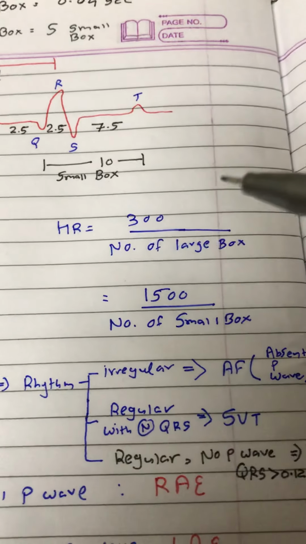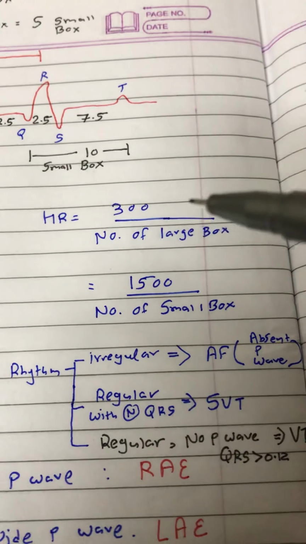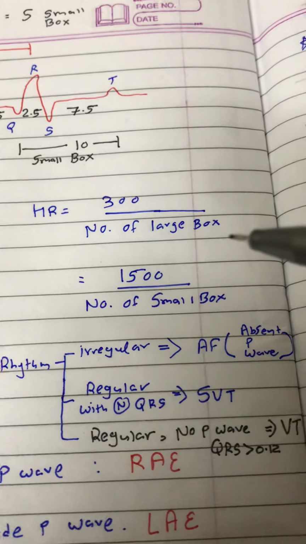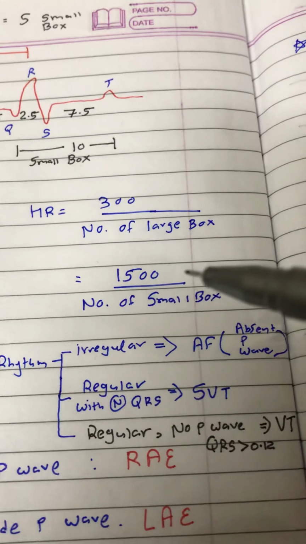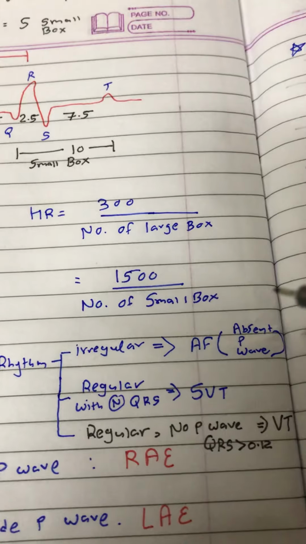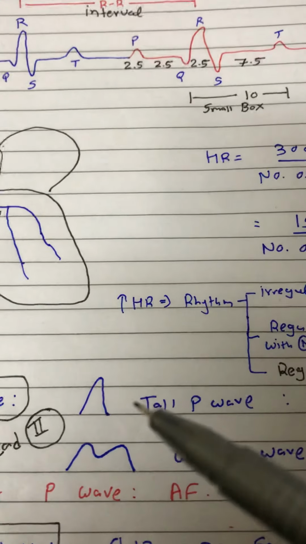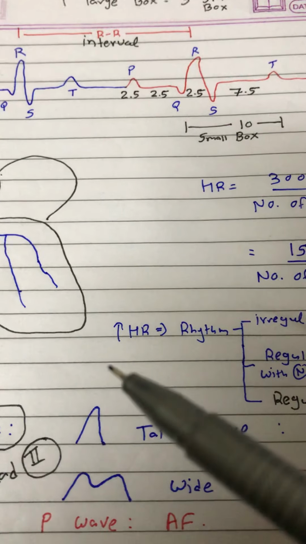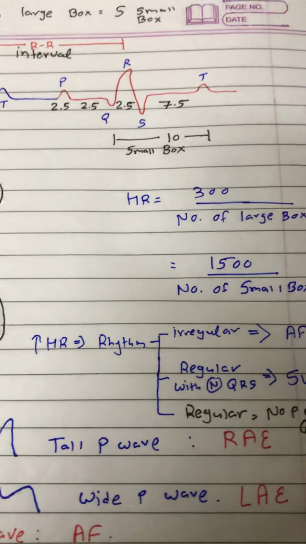After checking rhythm, we check heart rate, by the formula 300 upon the number of large boxes between the RR interval, or 1500 upon the number of small boxes between the RR interval. After checking rhythm and heart rate, if heart rate is more than 100, then we again check the rhythm.